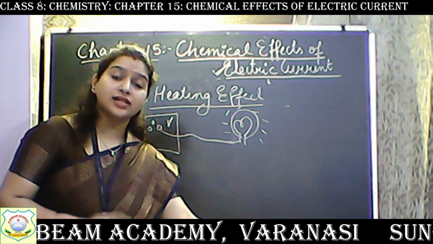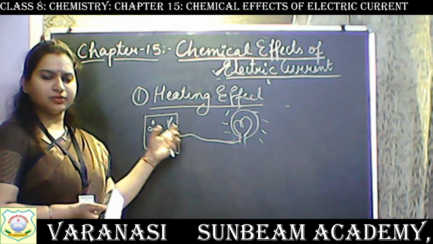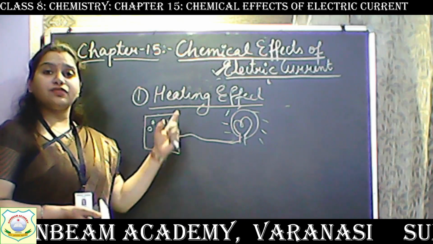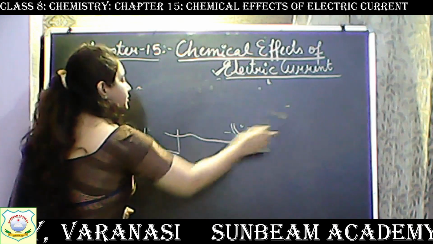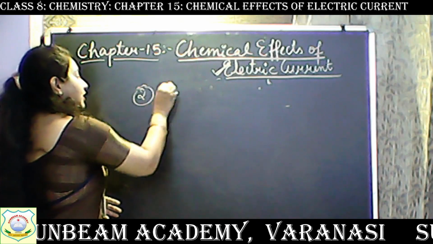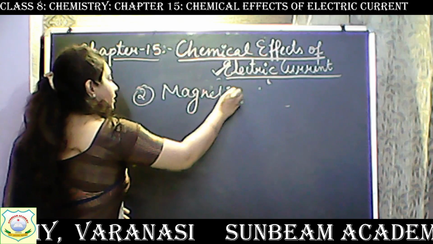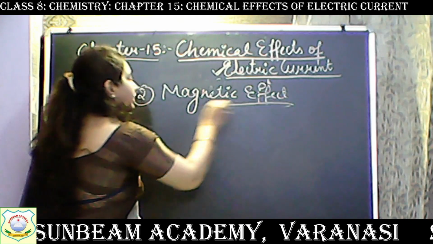Okay. There is another effect of electric current. This is not in your chapter right now. Apart from the heating effect, there is one more effect, that is the magnetic effect of electric current.